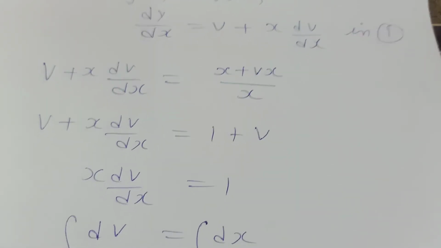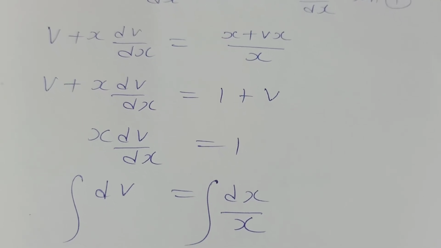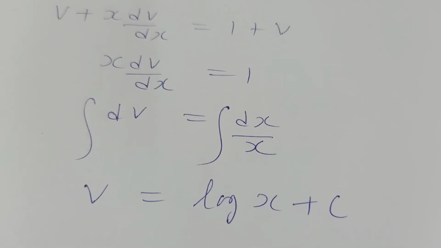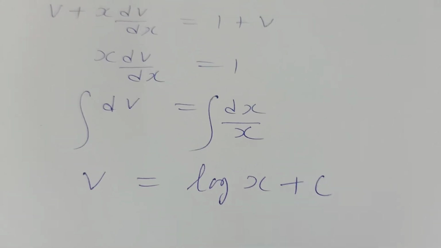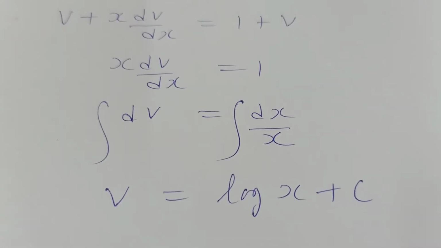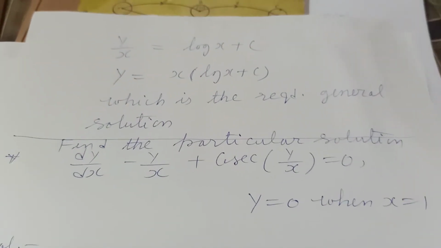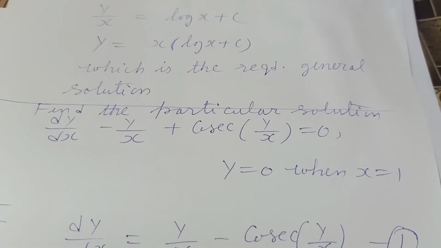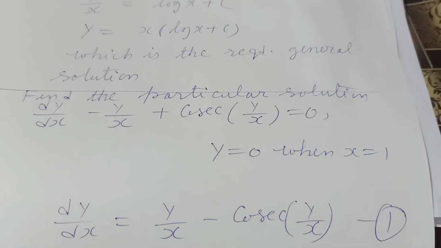Now if we separate variables, we will get dv equal to dx by x, and after integration it comes out to be v equal to log x plus c. Now putting the value of v, since y equal to vx, we can say v equal to y by x. So we will get y by x equal to log x plus c, or y equal to x log x plus c. So this is our general solution.